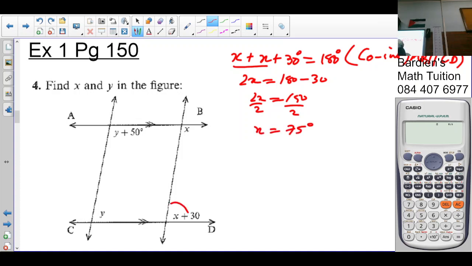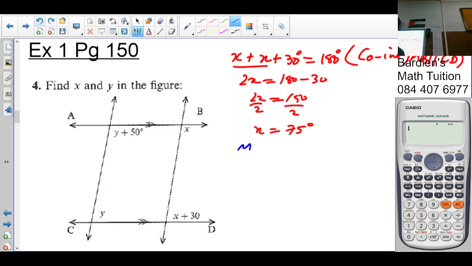What if they asked us to work on that angle? It would have been 75 plus 30, which is 105 degrees. The question was to solve for x and y in the figure. Are you going to solve for y? y plus y plus 50 equals 180. The reason?